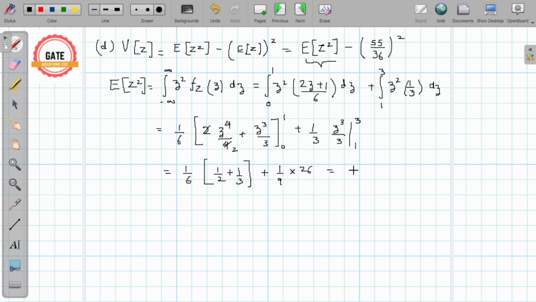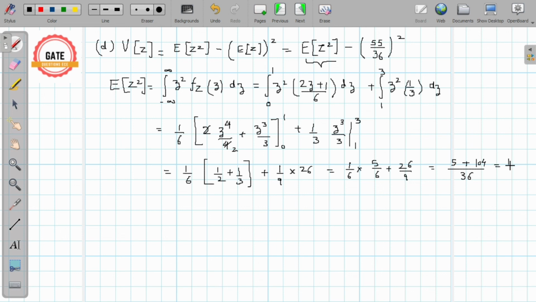So this will be equal to, first term we can write as 1 by 6 times this is 5 by 6. So it is 5 by 6 plus 26 by 9. So the LCM will be 36. In numerator we will get 5 plus 26 into 4. So that is 104.